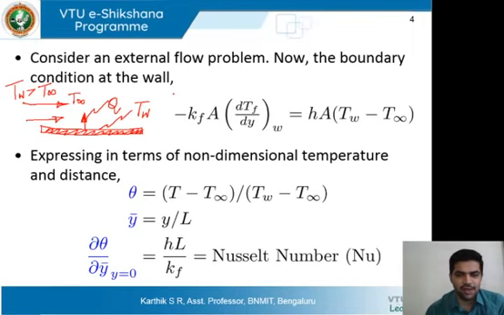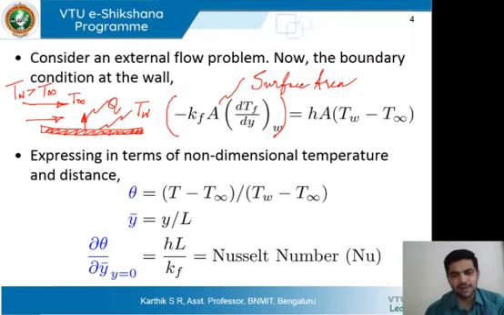Now according to Fourier's law, the heat conducted from the wall surface to the fluid is given by Kf A, where A is the surface area, into the gradient of temperature. The suffix f stands for fluid: the thermal conductivity of the fluid, the surface area, and the gradient.